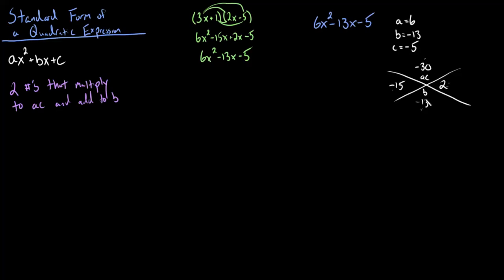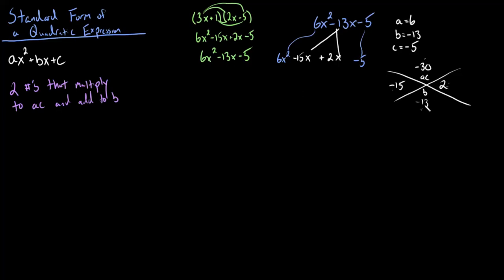Okay, so the way we use this is we bring down our first term and we bring down our last term, and we actually split this middle term into two pieces using these two numbers that we just found. Negative 15, attach your variable, positive 2, attach your variable, okay?